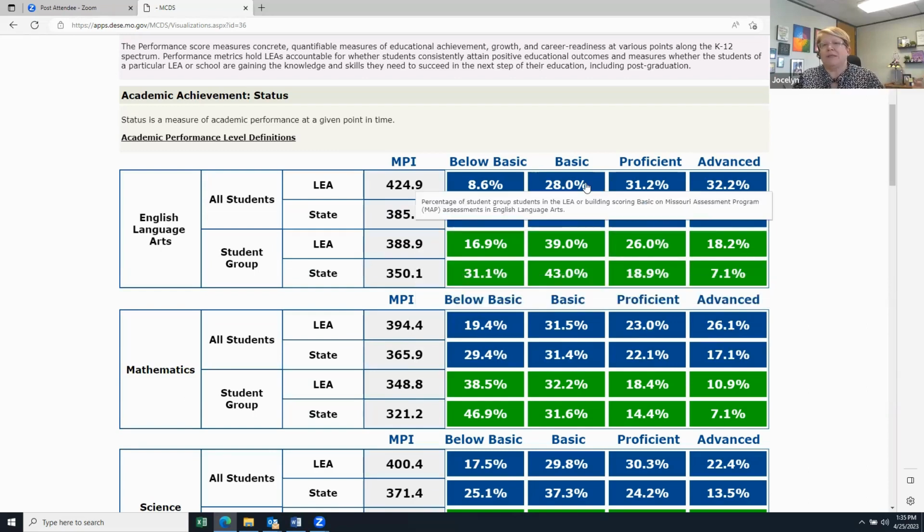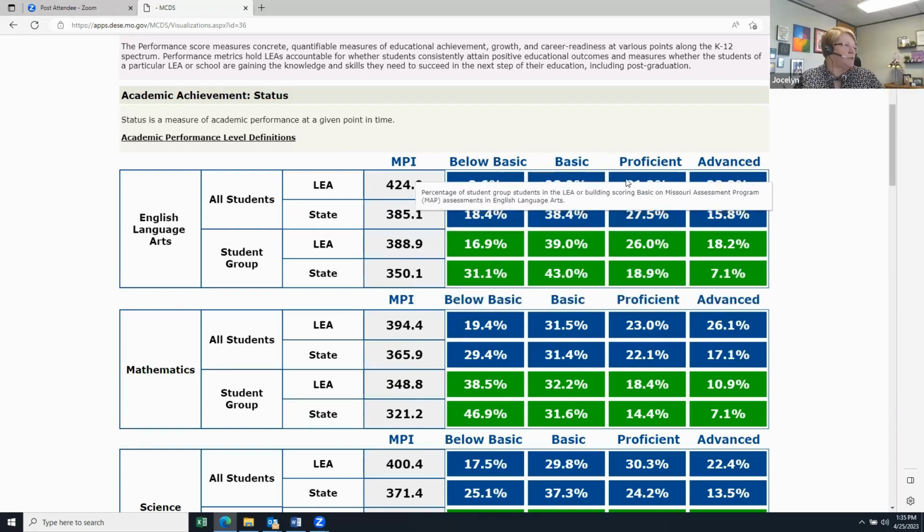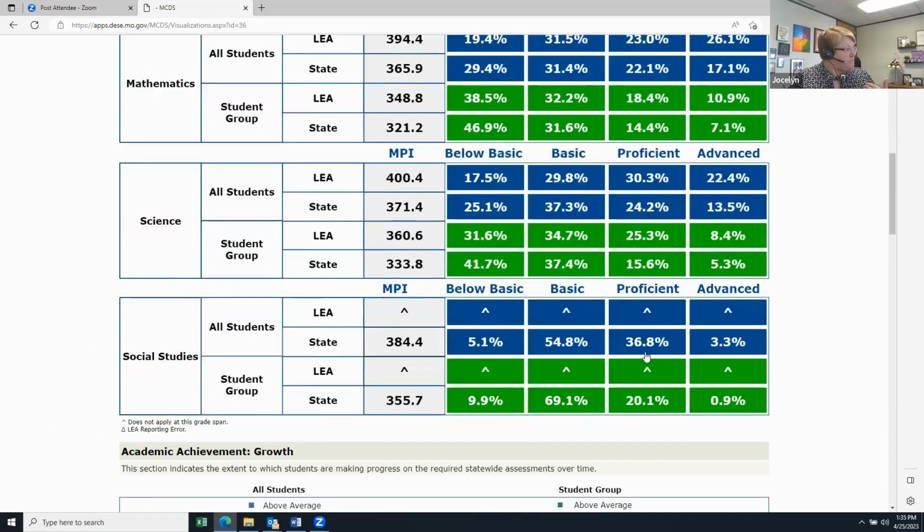This is what the district, in this instance a charter school, their breakdown by proficiency looked like. When you hover over different pieces of it, it will provide documentation and information that can be used by the stakeholder when they're reviewing the data.